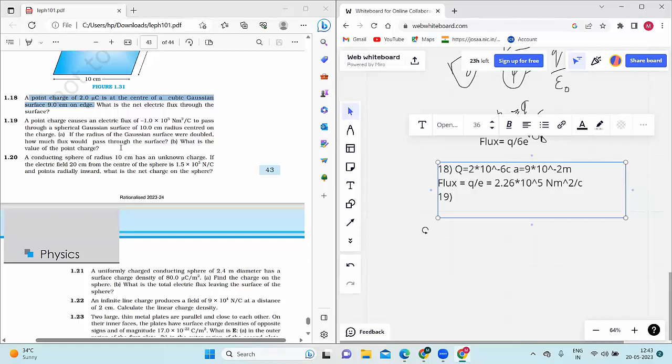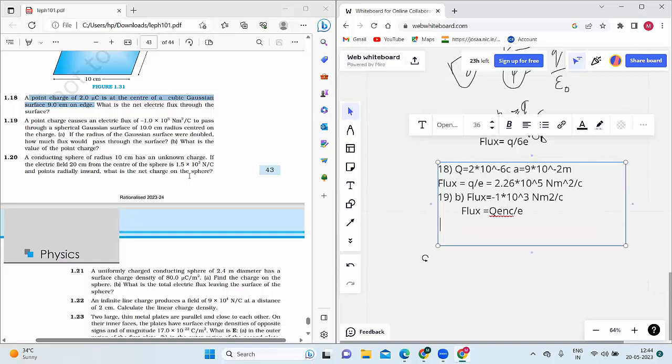What is the value of the point charge? As you know, given flux, the symbol of flux is phi. Phi equal to -1 into 10 power 3 Newton meter square per coulomb. And also we know that the formula for flux equals Q enclosed by epsilon.